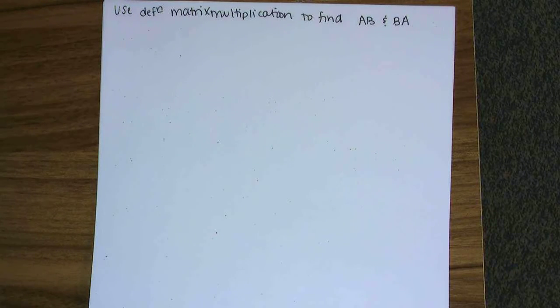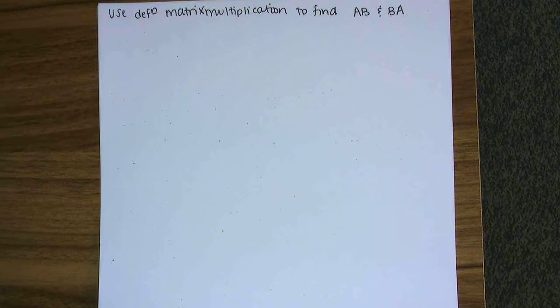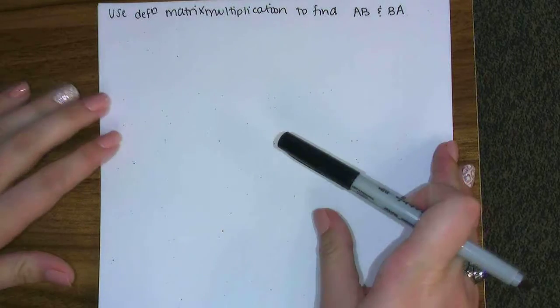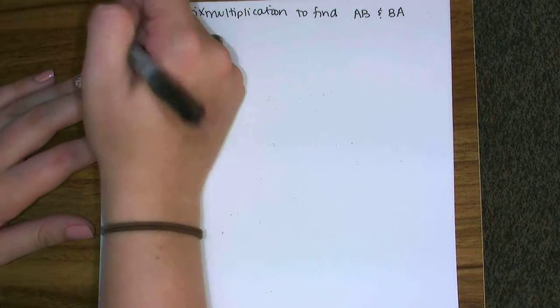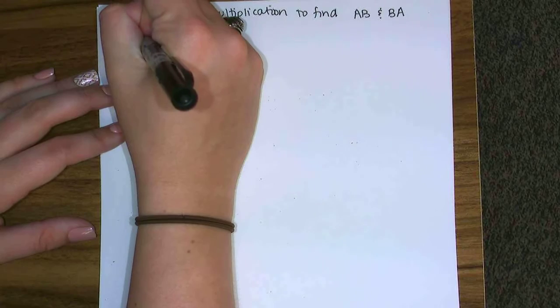So we're going to do number 18, and I'm going to show you how to actually multiply this one out. And then some of them we're just going to use our calculator for, but I'm going to kind of modify the instructions for some of them.